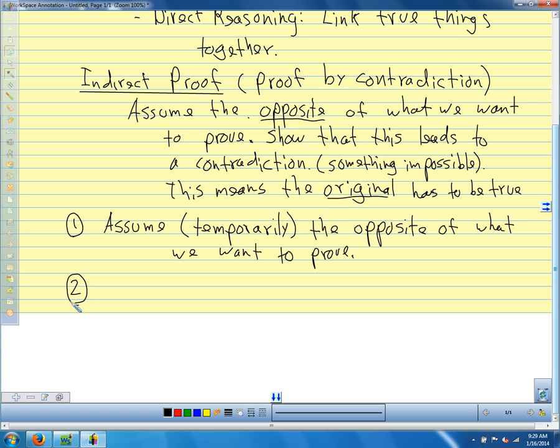Then we show that that leads to a contradiction. And by contradiction, we mean something that's impossible.